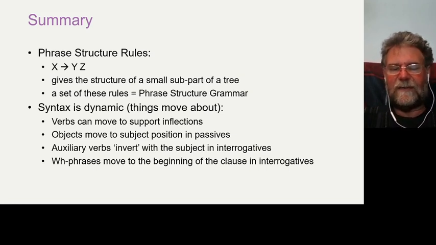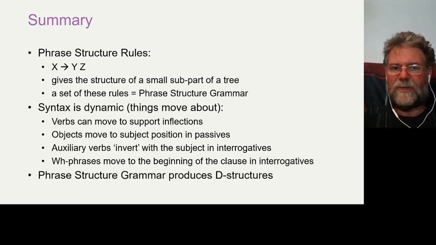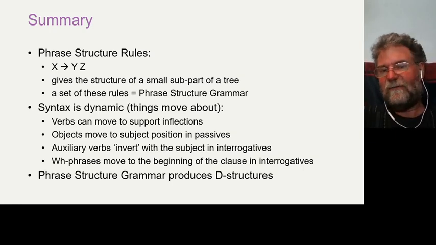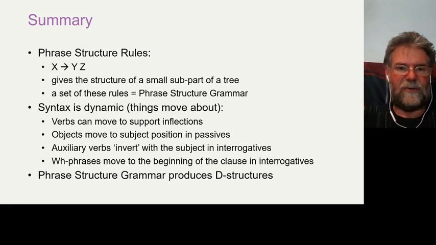So those are the kinds of movements we've looked at. Now, the phrase structure grammar part of this grammar produces the D structures, the structures which represent the organization of a sentence before anything moves. And at D structure, everything is where you would expect it to be. Objects are in object positions, verbs are in verb positions, inflections are in inflection positions, etc.